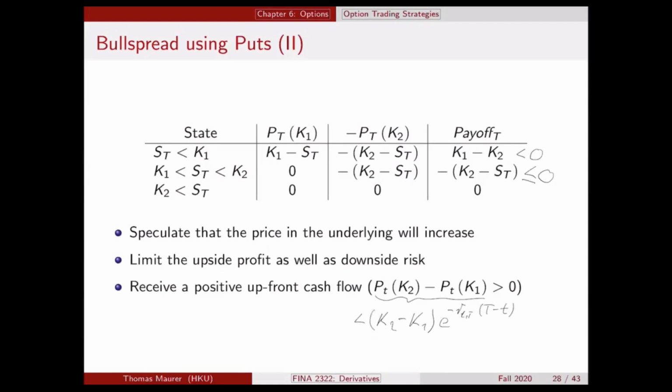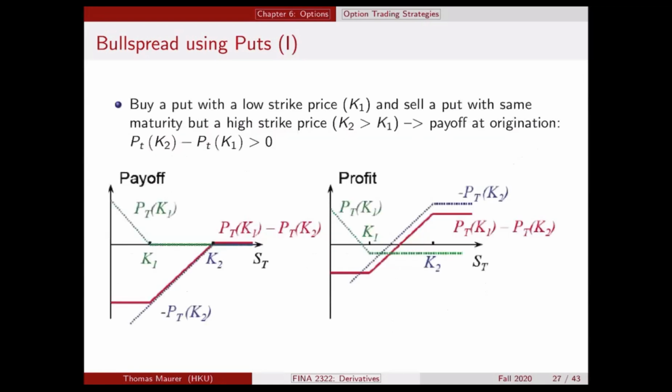If the initial cash which you receive was larger than this amount of money, then in any state over here, we would always end up with a positive profit, and therefore there would be an arbitrage. So in other words, that's again representing exactly the same as what we have in the picture over here. So we will have a negative profit or a loss in certain states in the world, and in other states in the world, we do have a positive profit.